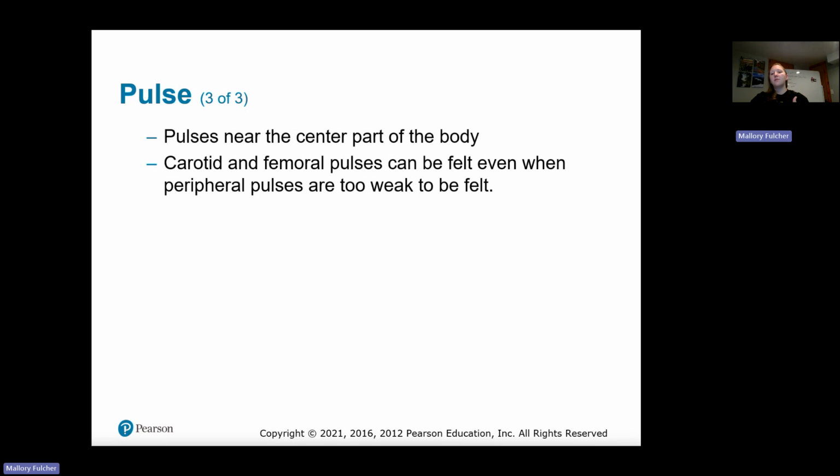Our heart doesn't have enough strength to get there. But we probably have a pulse at the neck, the carotid arteries. So that's why if we have any unresponsive patients, we're going to go straight to the carotid artery. If there's not a pulse there, it means that their brain is not perfusing, and we would start CPR.